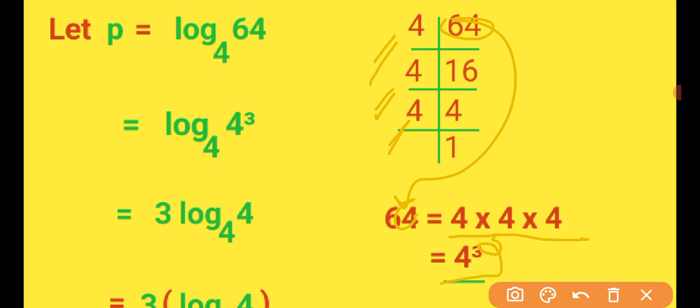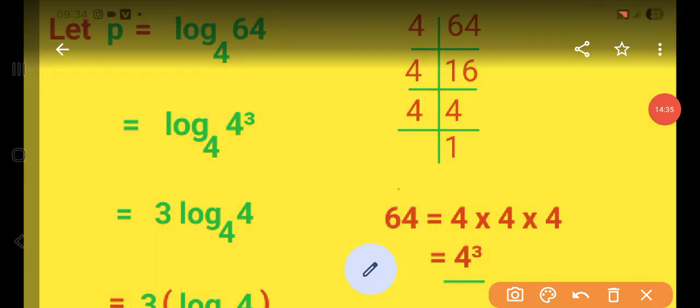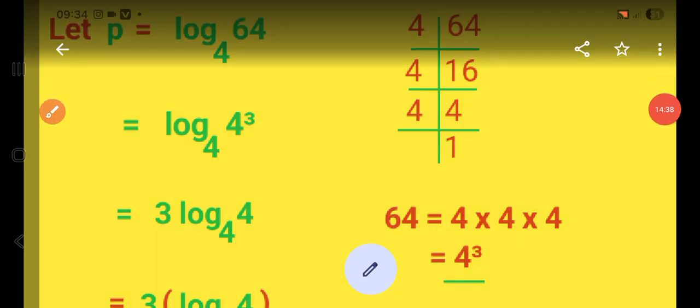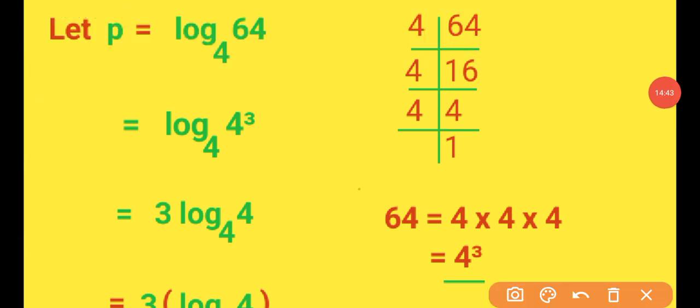To power 3. So in the next step, instead of writing 64, we know that 64 is the same as 4 to power 3.